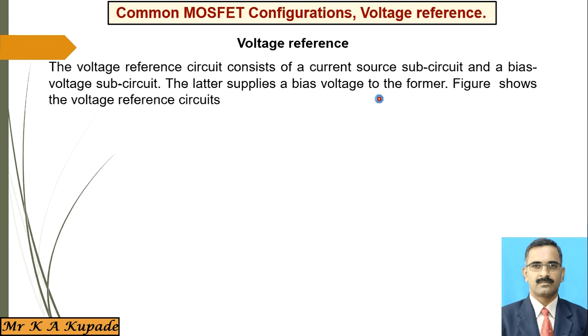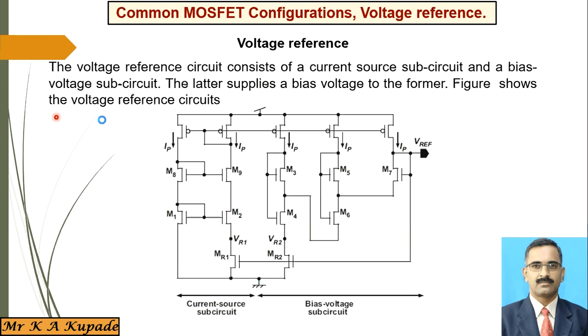So this figure shows the exact voltage reference circuit. You see here, this part is the current source sub-circuit, and this part is the bias voltage sub-circuit, right? By considering this bias voltage sub-circuit, the biasing voltage is developed.